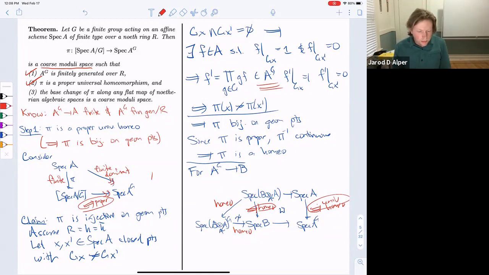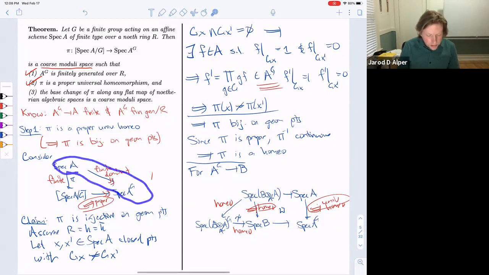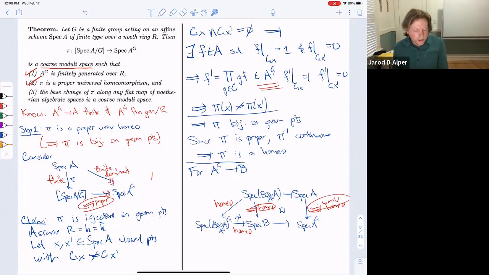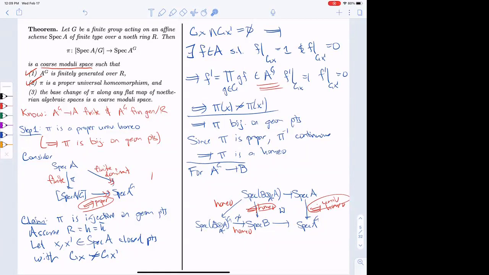And I think the point was that this map from Spec A to Spec A^G, we know it's both finite and dominant. So that map's surjective. And that allowed us to conclude that this map was surjective, and therefore that it's surjective on geometric points. Of course. Sorry. Thank you. No problem.